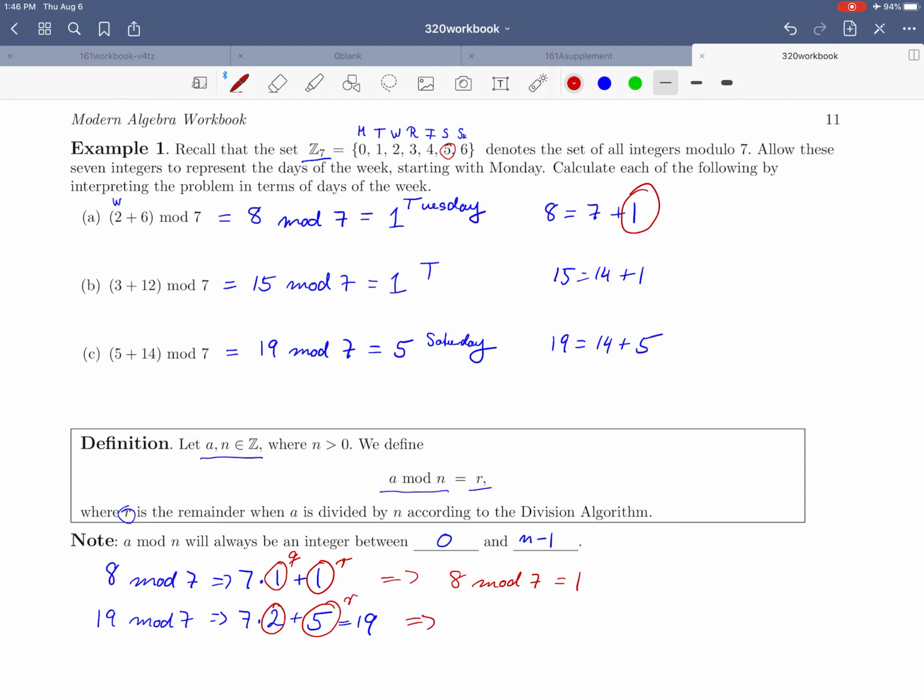All we care about is that 19 mod 7 is equal to 5. So the remainder after division by 7.